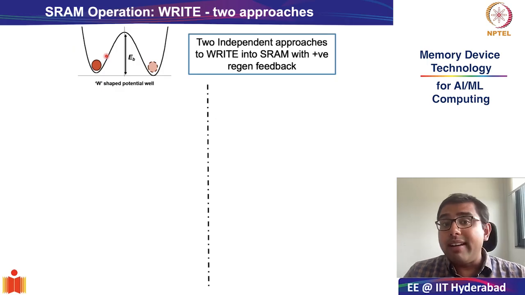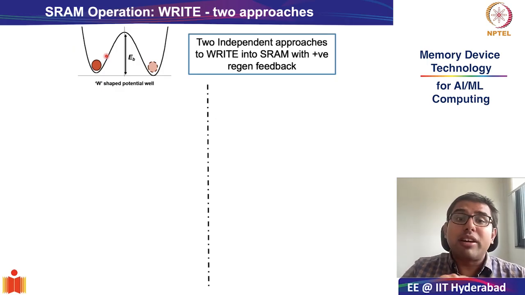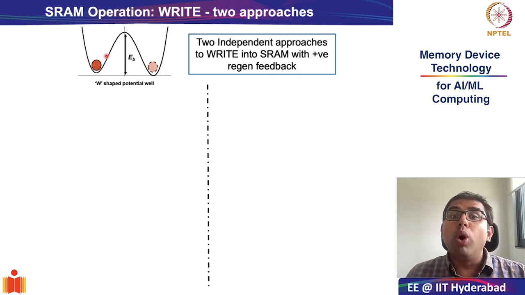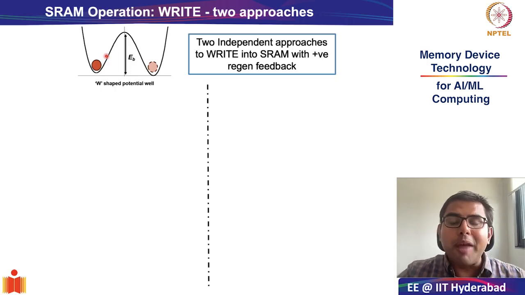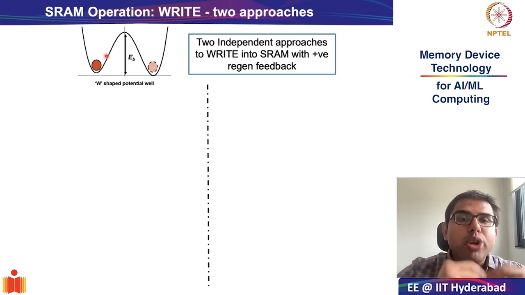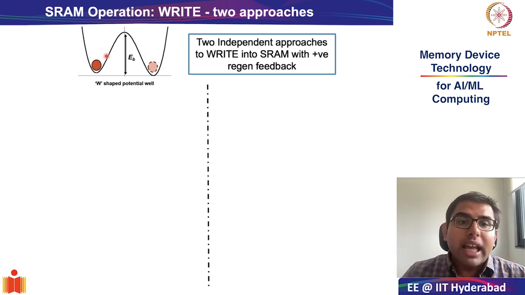Okay, so the entire point of trying to do write operation is, please remember, the SRAM cell has this memory effect because of this positive regenerative feedback. You are trying to circumvent it or overcome this positive regenerative feedback and be able to flip the position from state 1 to 0 or to 0 to 1.